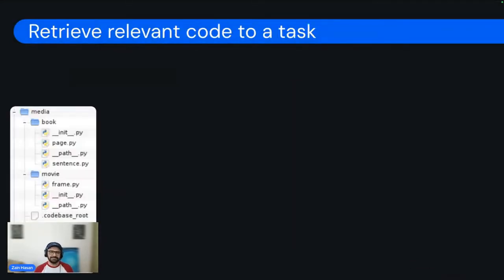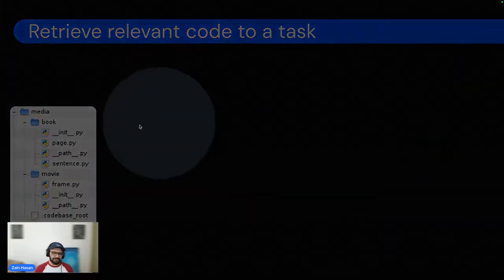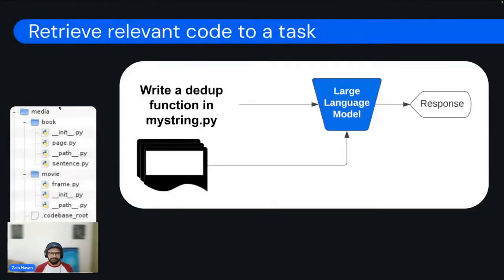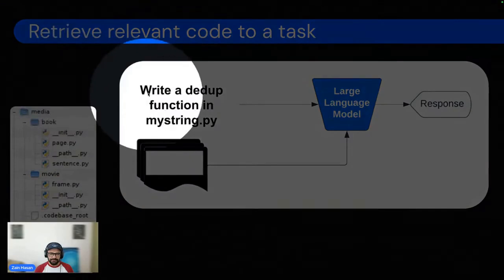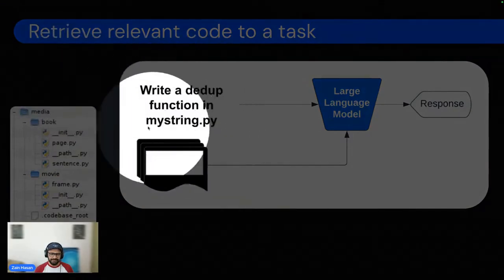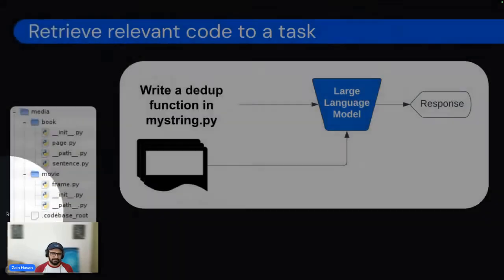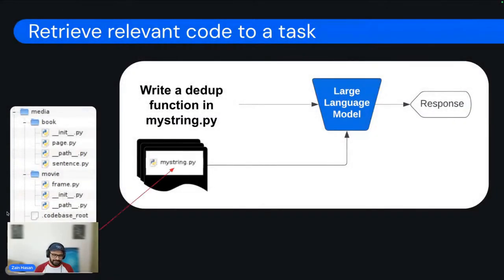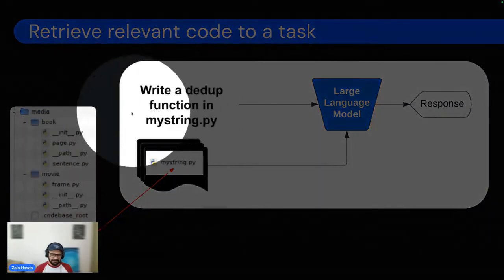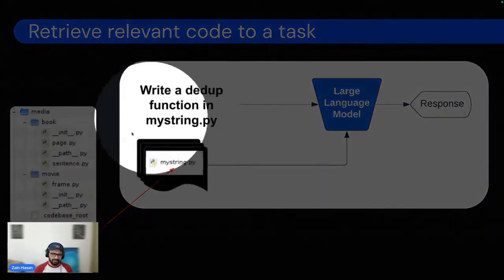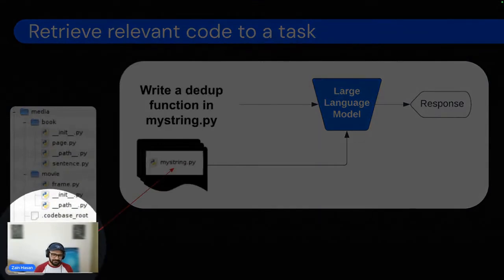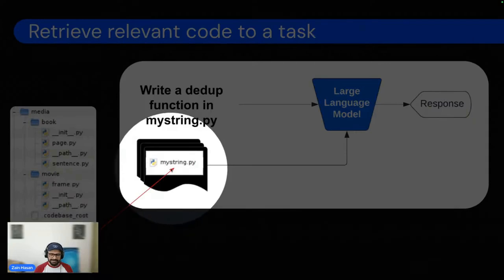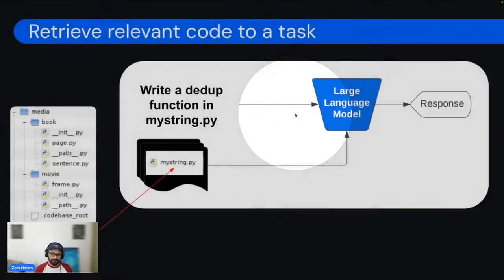Another way to see this is if I have my code base here. This is a very simple code base, but imagine this is a complex code base, and I tell the language model that it has to write some function in the mystring.py file, right? So then, let's say the only thing that this depends on is the script itself, right? You have to find a way to identify that this prompt only depends on this file, and so now you only pass in this file into the context of the language model.